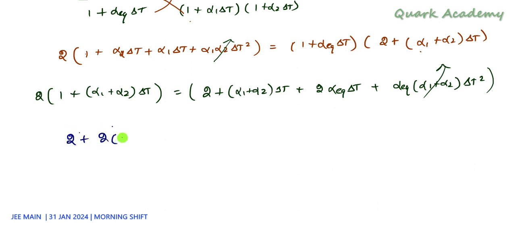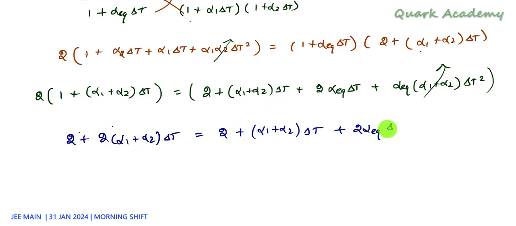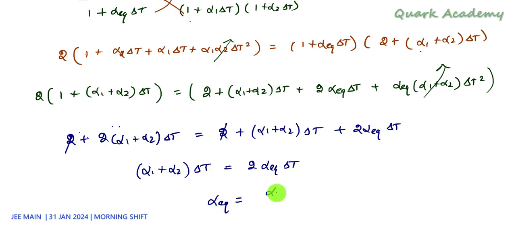This is going to be 2 plus 2 into alpha 1 plus alpha 2 delta T, which is equal to 2 plus alpha 1 plus alpha 2 delta T plus 2 alpha equivalent delta T. So the 2 can be cancelled and we can subtract this alpha 1 plus alpha 2 delta T. So alpha 1 plus alpha 2 into delta T is equal to 2 into alpha equivalent delta T. The delta T will get cancelled and the alpha equivalent will become alpha 1 plus alpha 2 by 2. So this is for parallel.